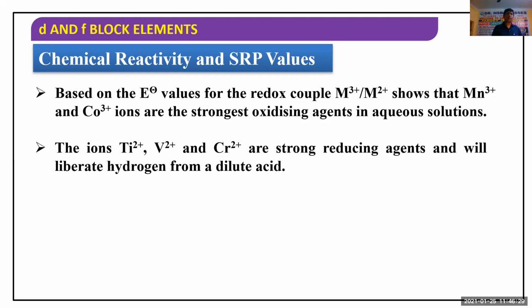So M3+/M2+ shows that Co3+ and other M3+ ions are the strongest oxidizing agents in aqueous solution. The ions titanium 2+, vanadium 2+, chromium 2+ are strong reducing agents and will liberate hydrogen from dilute sulfuric acid or any hydracid, like chromium 2+ with 2H+, or 2HCl or H2SO4.